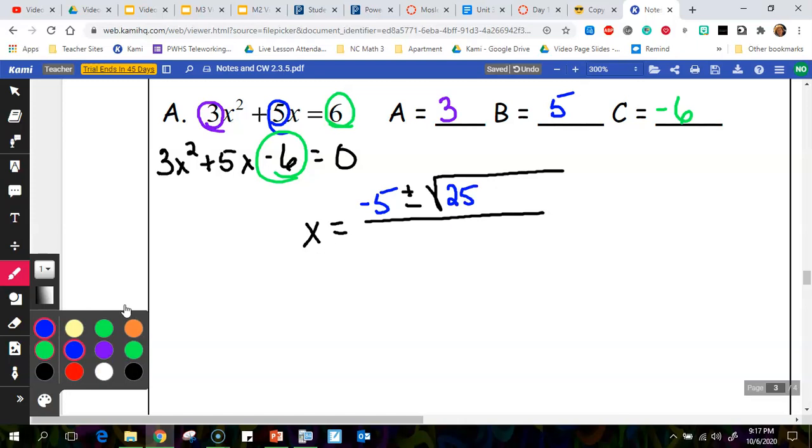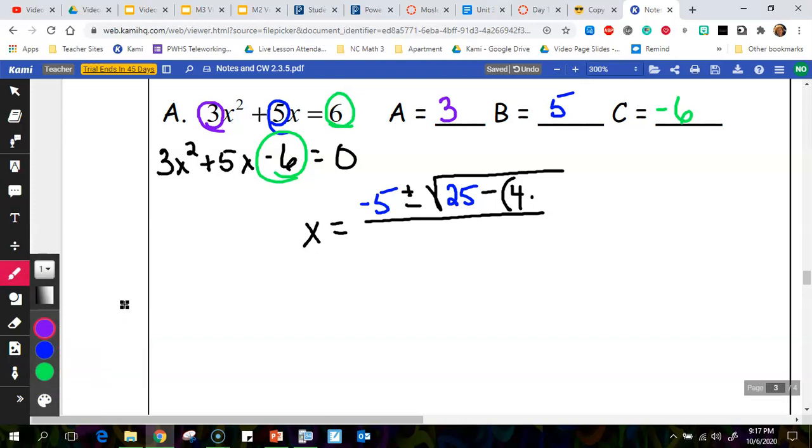And then that's going to be minus, let's do parentheses, 4 times a, times c, which is negative 6. And all that is over 2 times a, which is 6. It's 2 times 3.